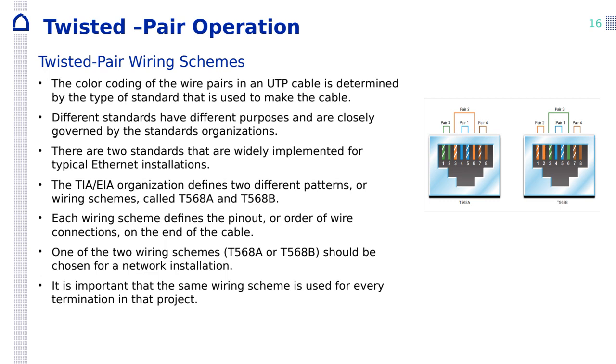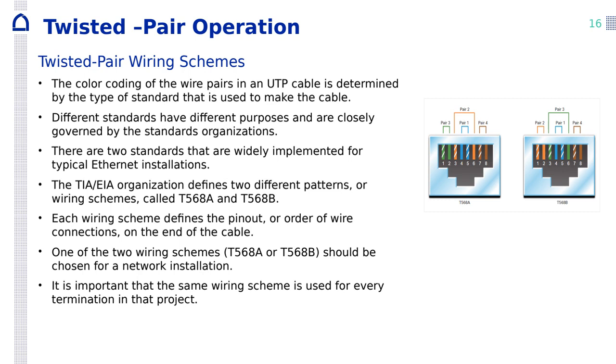Twisted pair operation. First of all, let's talk about the wiring scheme. If you look at the cable, there are wires, for example blue twisted over striped blue, meaning one wire is blue and the other is striped blue. We twist them together. This is according to the wiring scheme, and there are two standards for typical Ethernet installations.